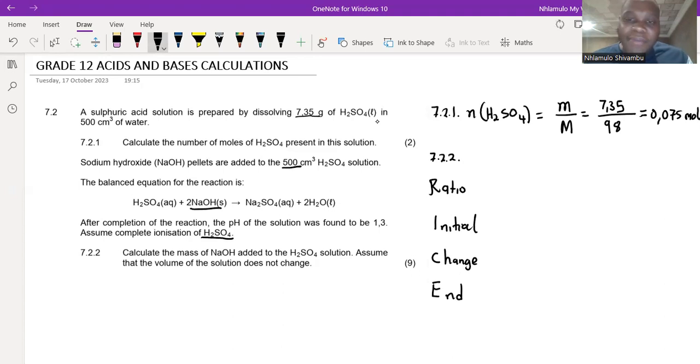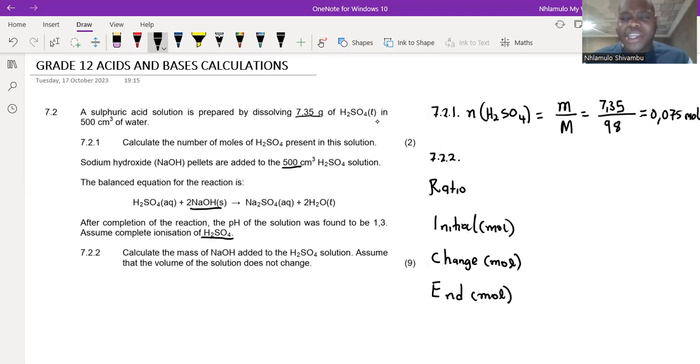So it's not for equilibrium, and the reason is that here we're not dealing with equilibrium. That's the end of the reaction. So that is initial in moles. You must make it a point that you indicate the units of the initial quantity there. And then the change also, we're going to deal with moles, and the end in moles.